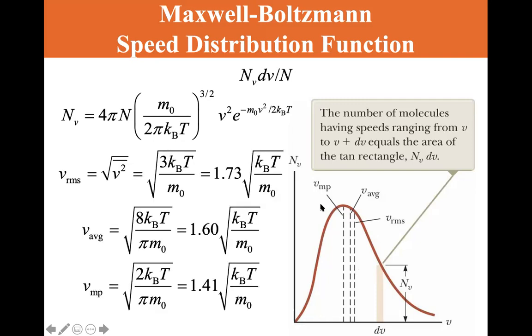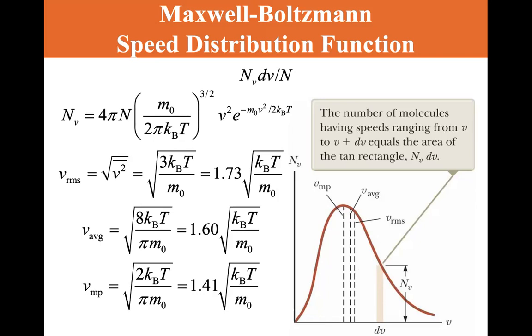We can see that V_RMS is equal to the square root of the average v squared, and that's equal to the square root of 3 k_B T divided by m_0, which is 1.73 square root of k_B T over m_0.